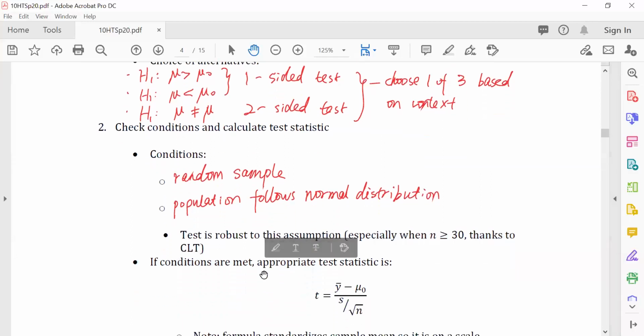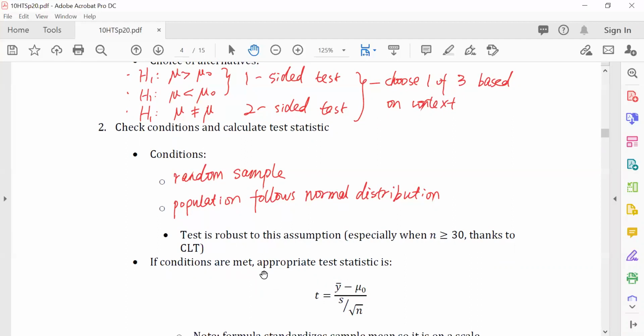But the second condition is okay if you violate it a little bit, because the test itself is a robust test, which means even though you violate this assumption a little bit, that's okay. The test result is not going to be too bad.